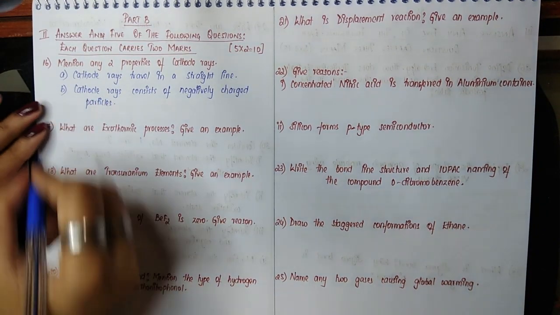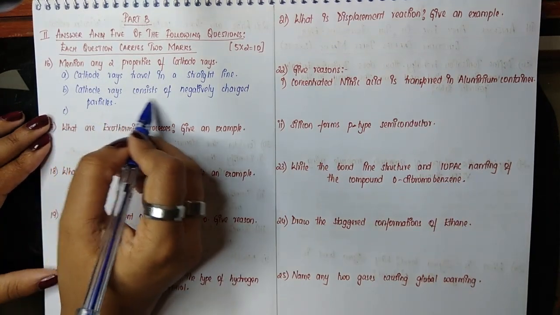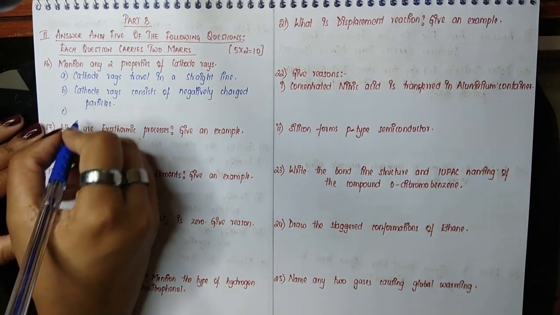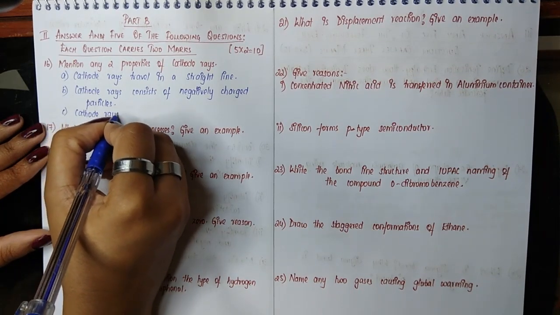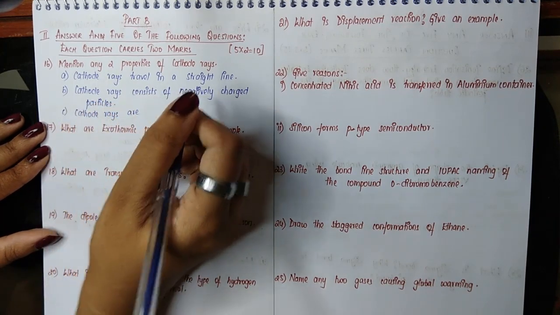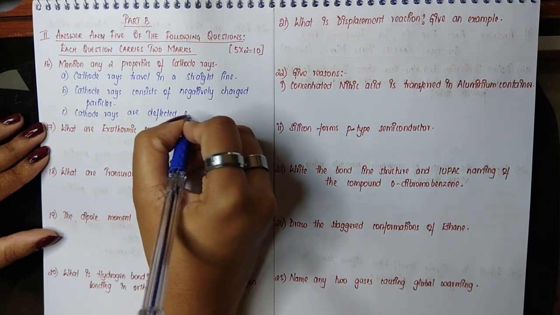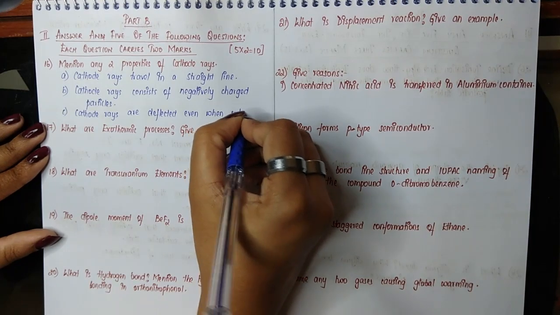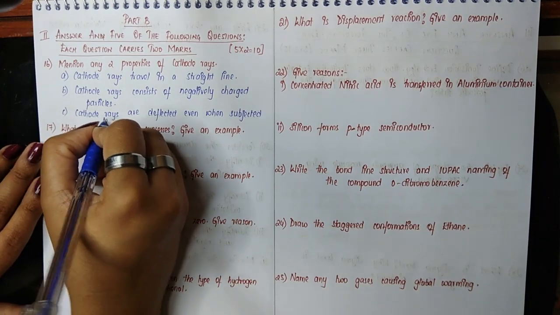Now I always suggest all students to write a point extra, because in case 1 point is wrong, you have another point to support your answer to get marks. So you can write another point where cathode rays are deflected even when subjected to a magnetic field.